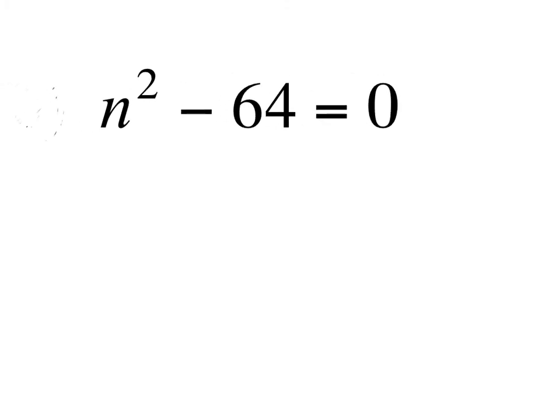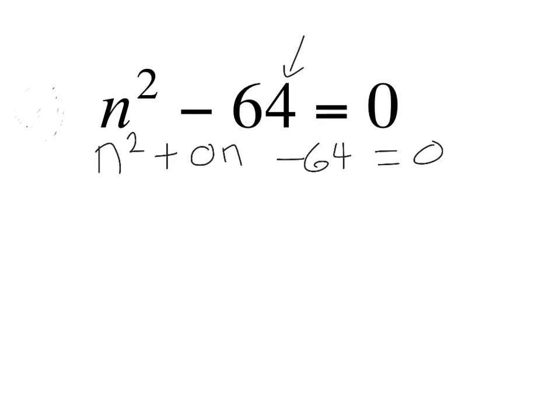So if you look at it, you can see you should have n to the second, and you've got the regular constant, so that's going to go at the end, right? So it's the regular old n that you're missing in the middle. So you're just going to do plus 0n. Then you're going to pop open your binomials, just like normal, and you're going to factor the n squared by doing an n times an n.